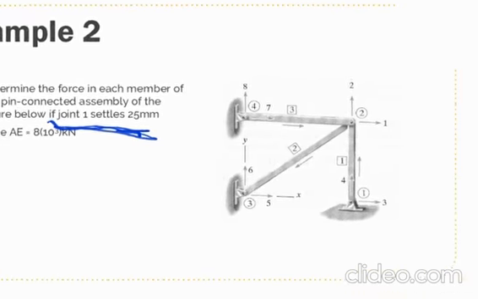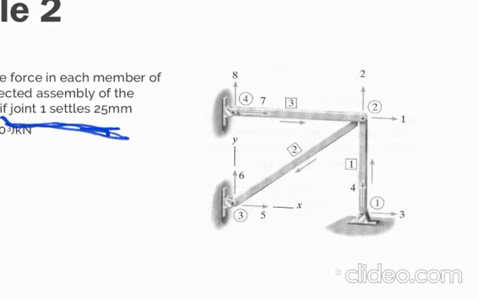So here, after I give the joint numbers and the global directions, in joint number 1 we have a settlement downward equal to 25 millimeter.